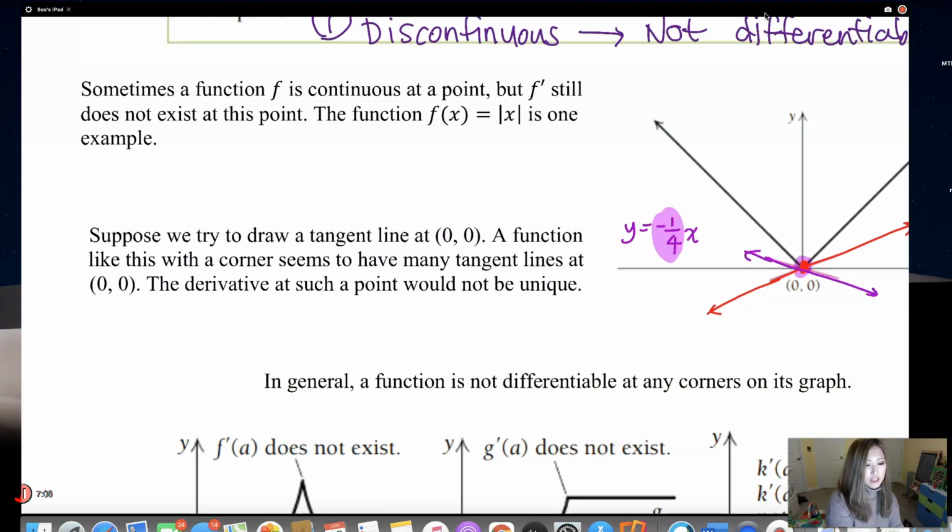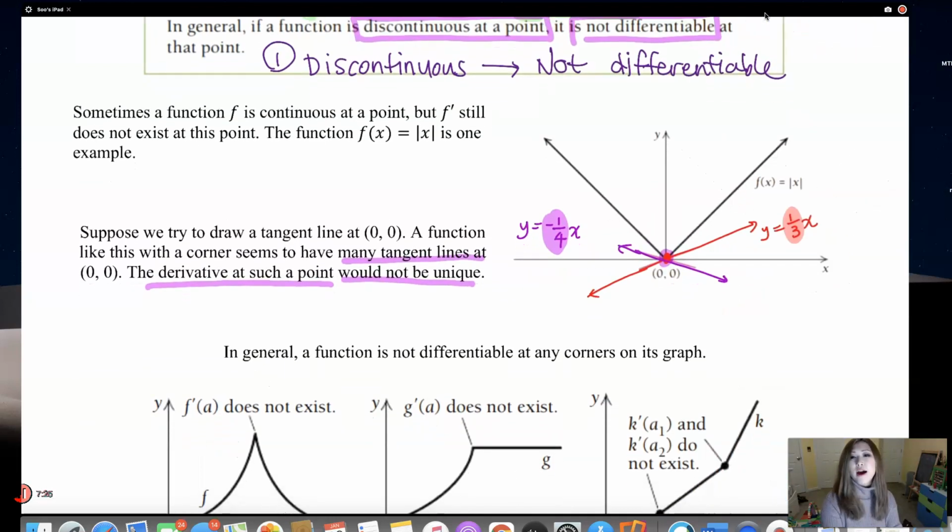A function like this with the corner seems to have many tangent lines at that point 0, 0. So because that happened, the derivative at such a point would not be unique. And if this happens, we're going to say f prime of 0 does not exist.